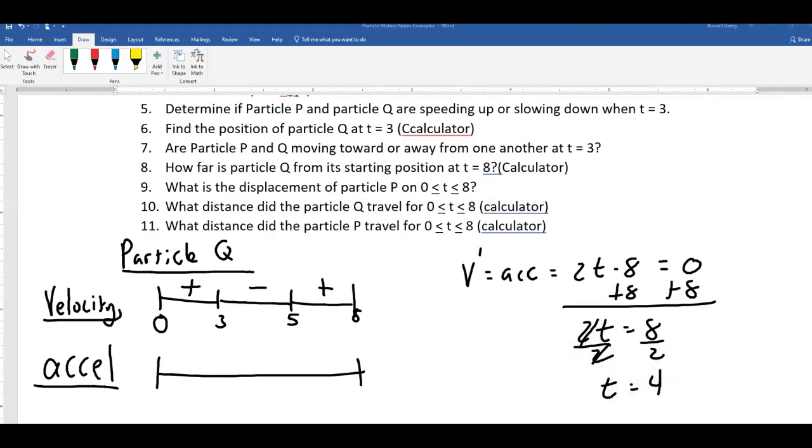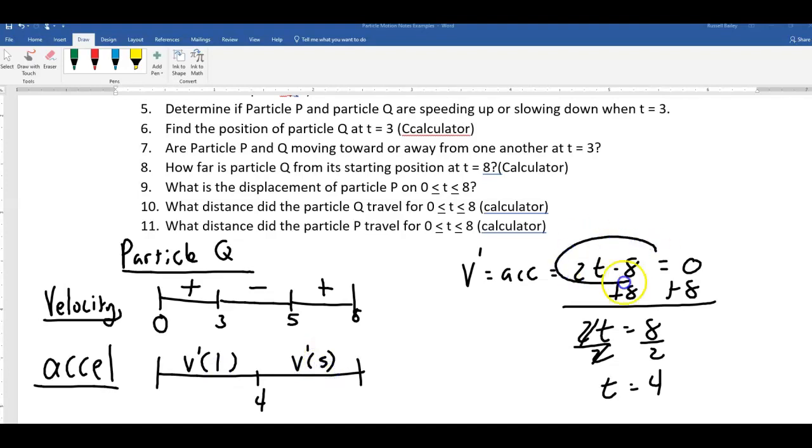And that's 4. Now let's pick some numbers and do the second derivative. So I need to plug a number in here. So let's go ahead and do v prime of 1, and we'll pick a number from here. We'll do v prime of 5, and we'll see what we get.